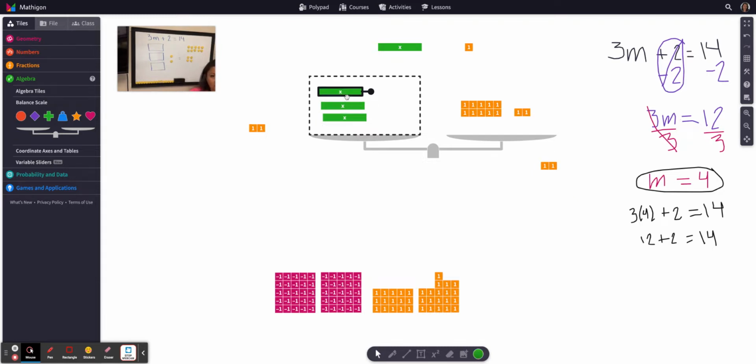So what I'm going to do is split this up into 3 equal groups so that I can know how many ones would have to go into each x.